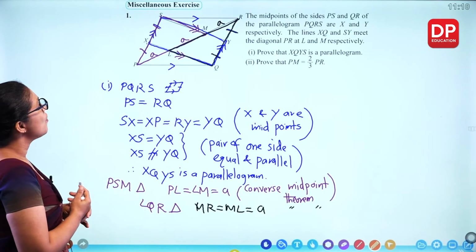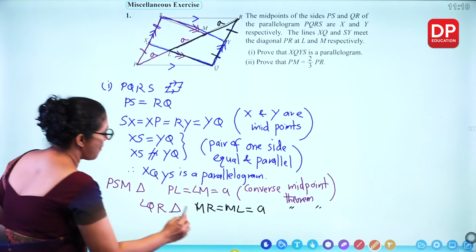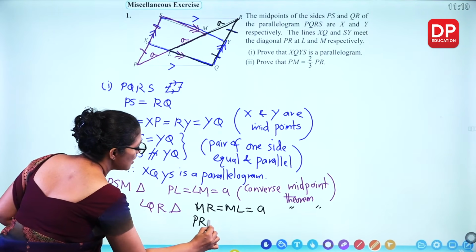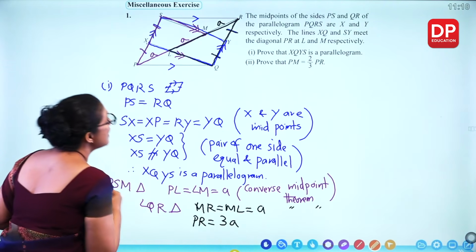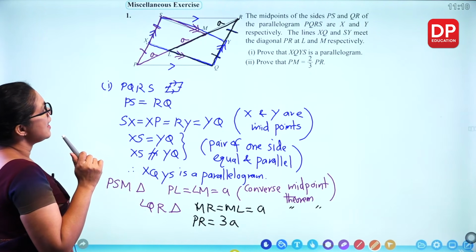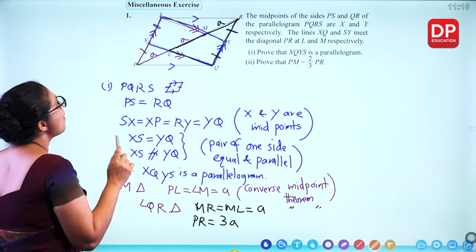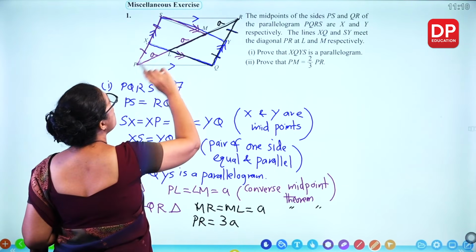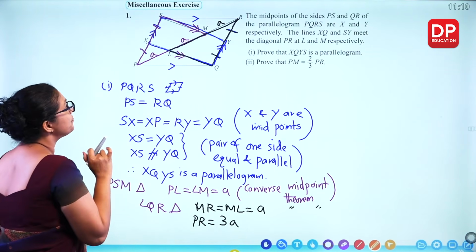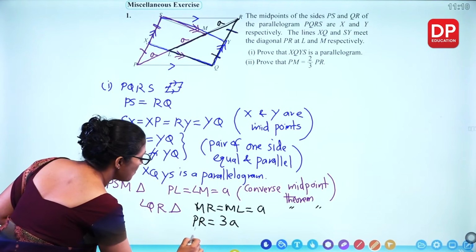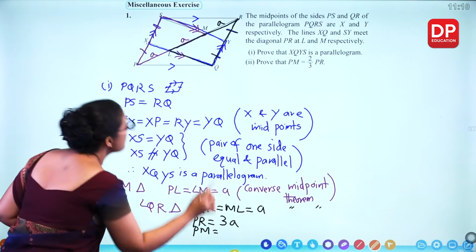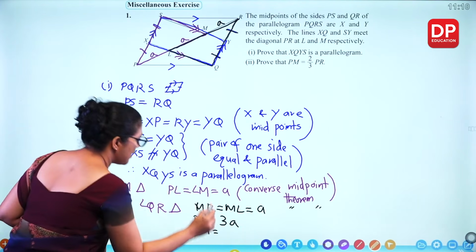Now, what is PR? PR, I got A plus A plus A, that's 3A. Now we need the ratio between PM and PR. What is PM? PM is 2A.